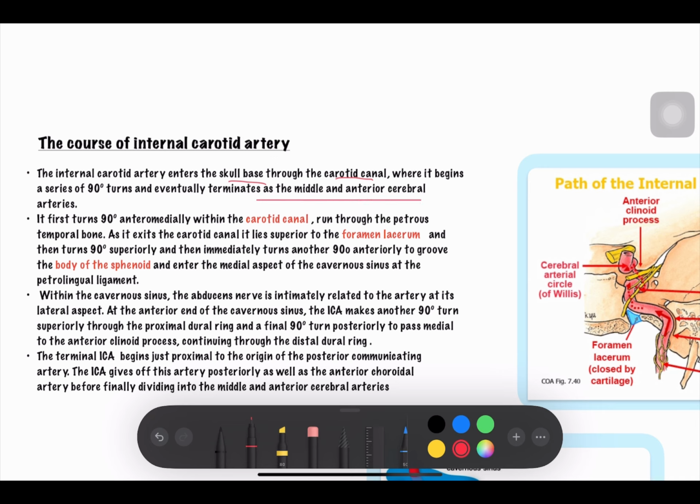But in this process it makes many turns and changes its course. The first turn is 90 degrees anteromedially within the carotid canal, running through the petrous part of the temporal bone, and then it takes another turn just superior to the foramen lacerum and grooves the body of the sphenoid bone.